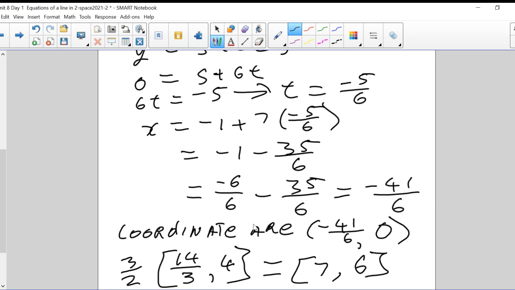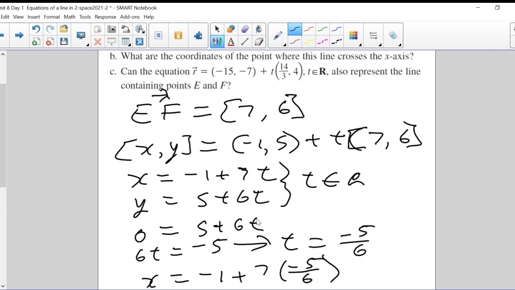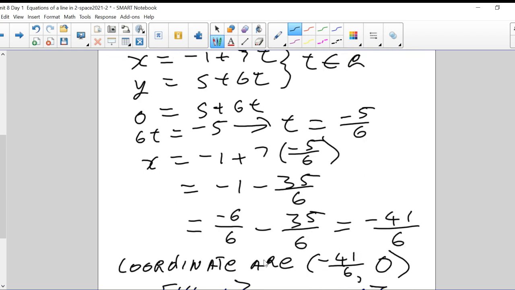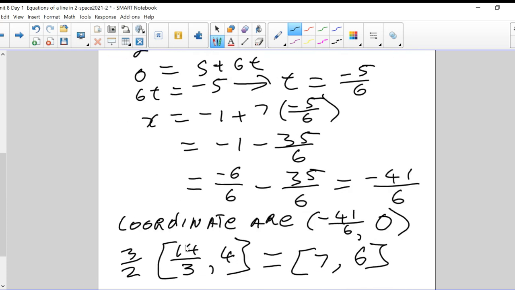There was a way that I could have found one by simply scaling the other. So if I multiply, as Daria said, 3 over 2 times this, and 3 over 2 times that, I'm going to get that same (7, 6). So if the two vectors are simply collinear vectors, then they can both be used to get that line.